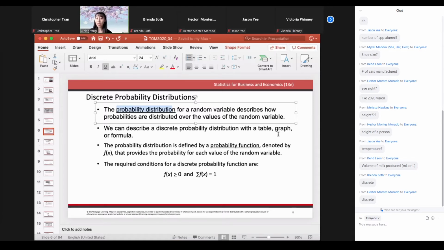The probability distribution for a random variable describes how probabilities are distributed over the values of the random variable. So it means we first need to know what values our variable can take, right? Did we sell 1 TV or 2 TVs or 3 or 4? What's the best day?